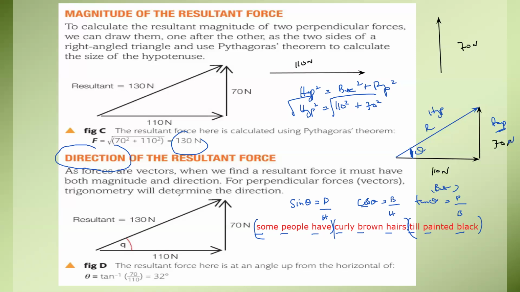So how do you remember this? Anyway, if you remember adjacent opposite, that's also fine. Sine is opposite over hypotenuse, cosine is adjacent. Okay, okay, you learn in this way.